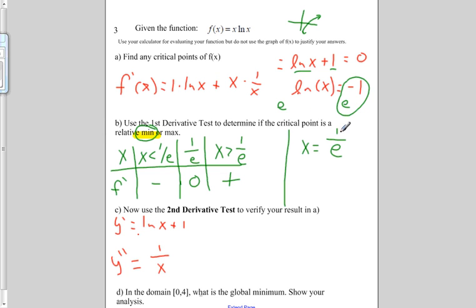And I'm going to evaluate that at my critical point. So y double prime equals 1 over 1 over e, so it just equals e. And that's all we're looking for. Remember, in the second derivative test, is this positive or negative? Well, this is a positive value, which means that we're concave up.